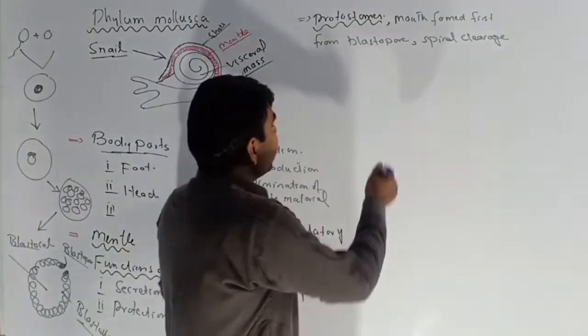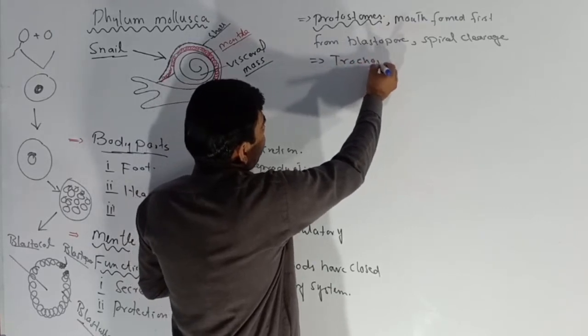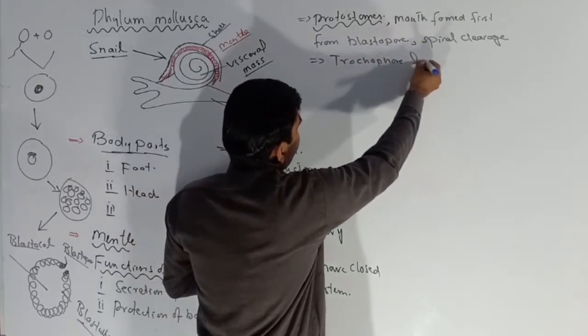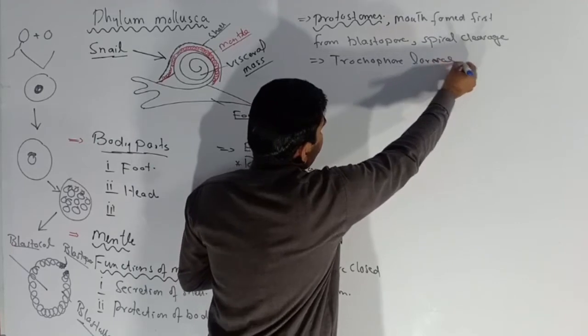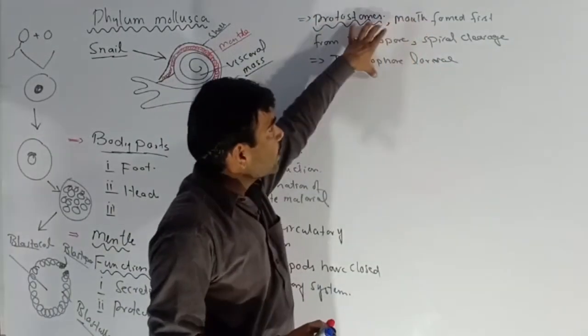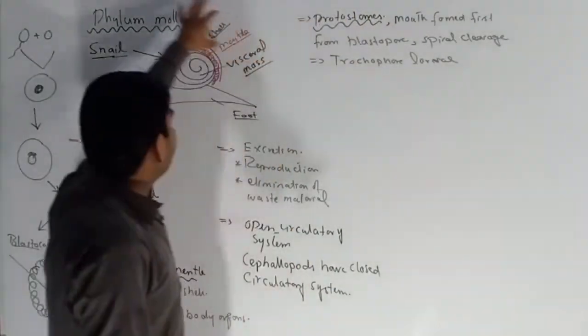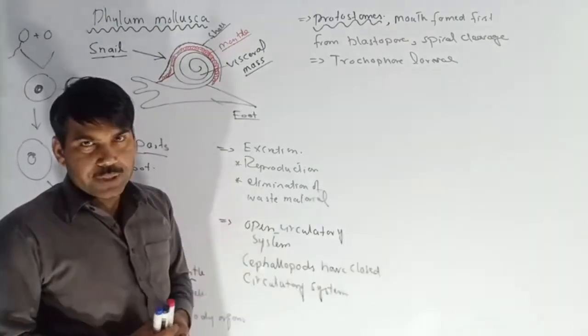The trochophore larva is also produced in the protostome. These are the characteristics of protostomes, and protostome is the example of the phylum Mollusca.